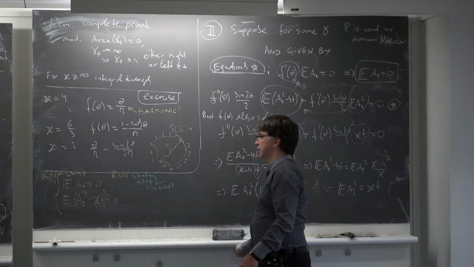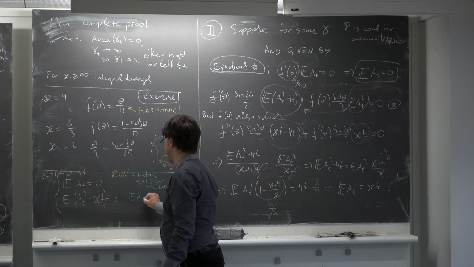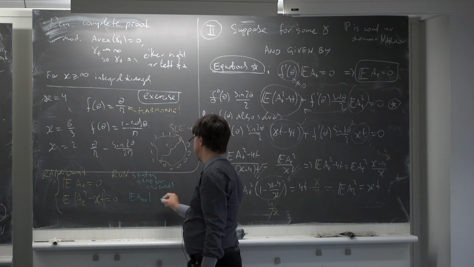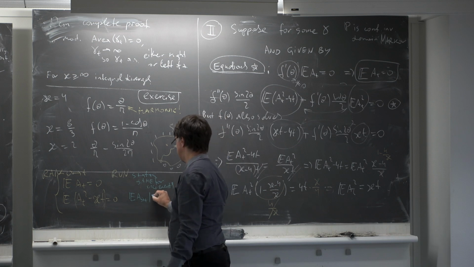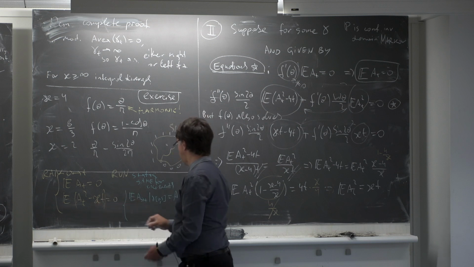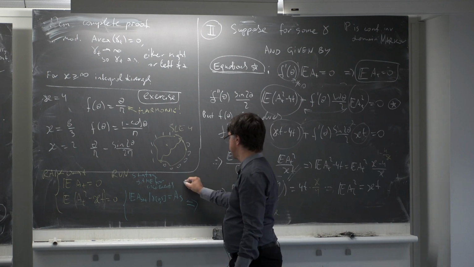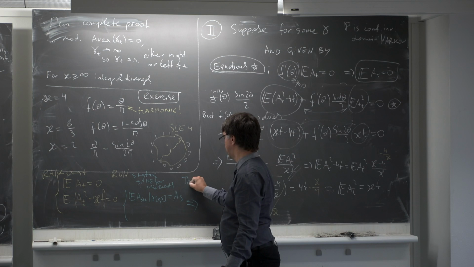So basically, you would have something like expectation of a_{s+t} given the process up to time s, let's say given gamma on [0,s], is equal to a_s, and we'll have the same thing here. And apparently, if you have the same for increments, there is a theorem of Paul Levy.